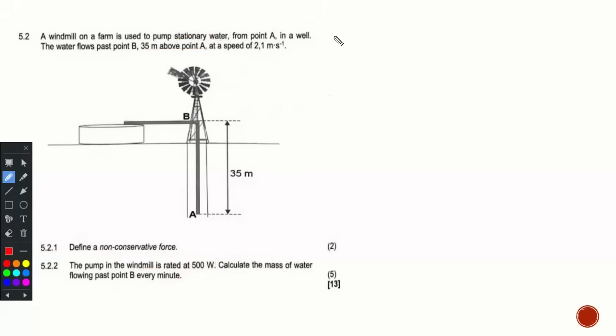So to start with question 5.2.2, we are going to say P is equal to work done over delta T, right? We know that the work done is the non-conservative force that we are talking about, right? So this is the pump, so force of the pump. And then obviously down here we have the gravitational force.